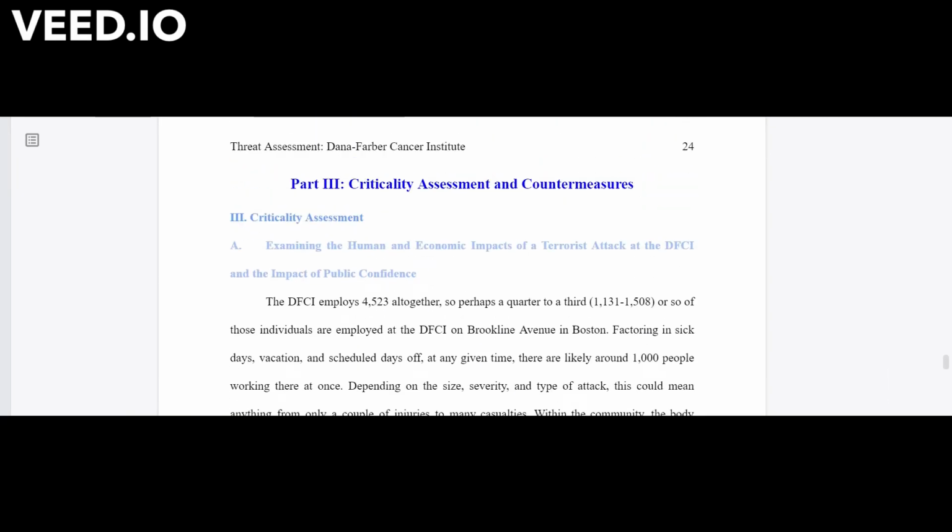And what would happen around the area where the primary was located. Examining the human and economic impacts of a terrorist attack at the DFCI and the impact on public confidence. So obviously that means the people and the money, of course, it's Boston, right? But then the impact on public confidence.